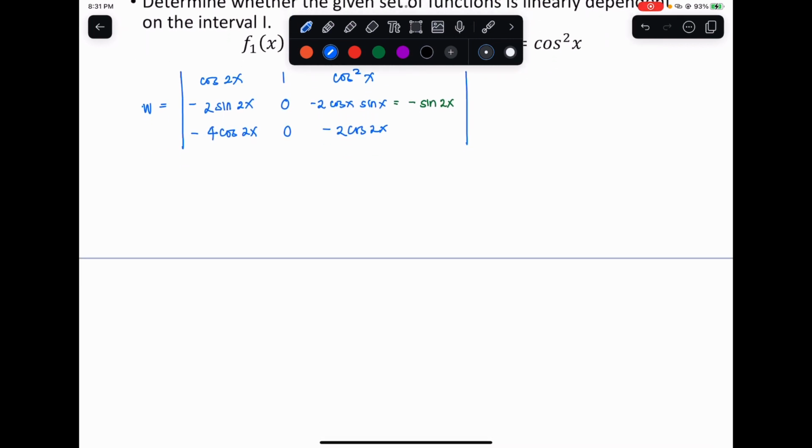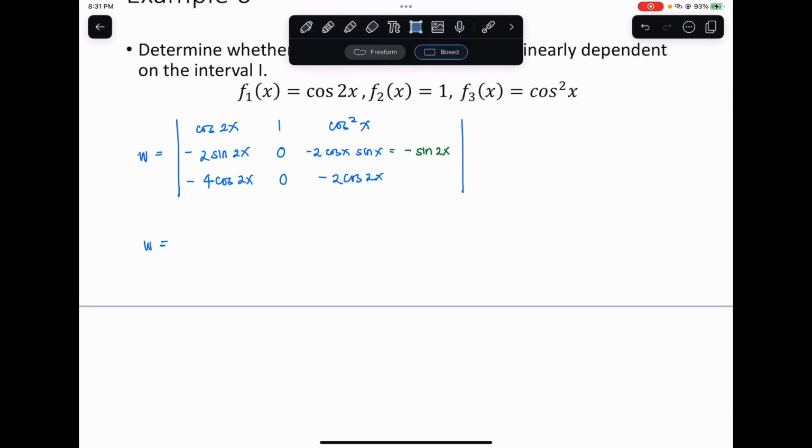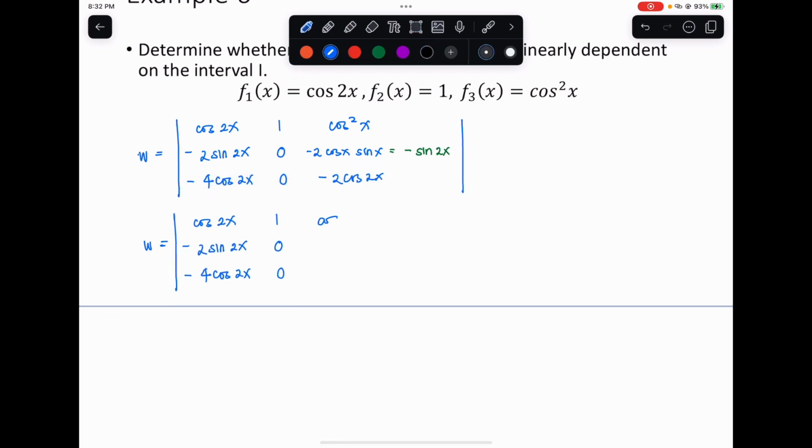So let me rewrite this one. We can rewrite that as cosine squared x, then negative sine 2x, and negative 2 cosine 2x.